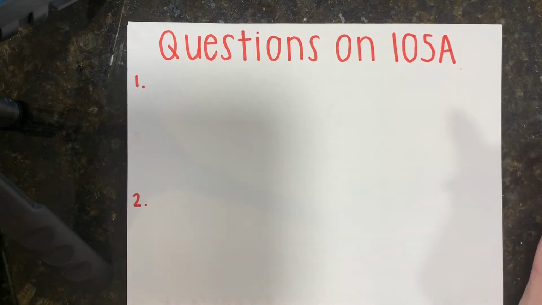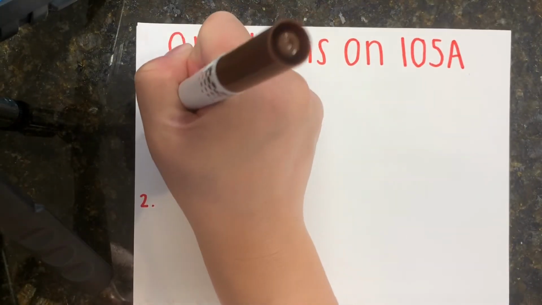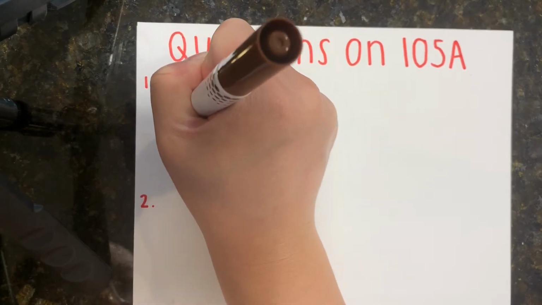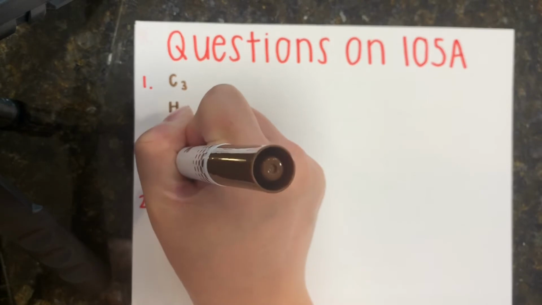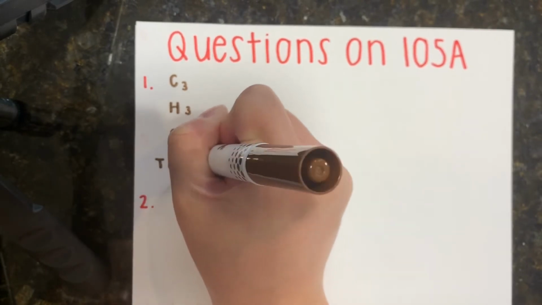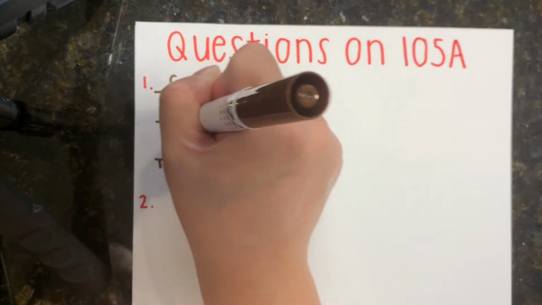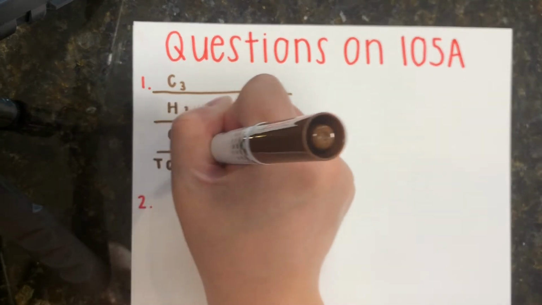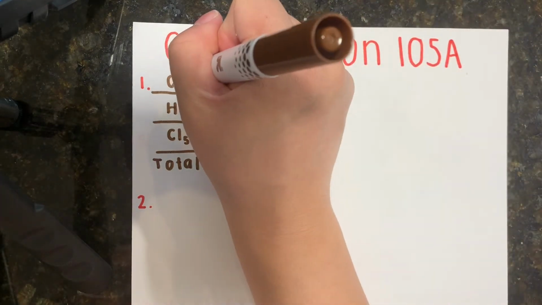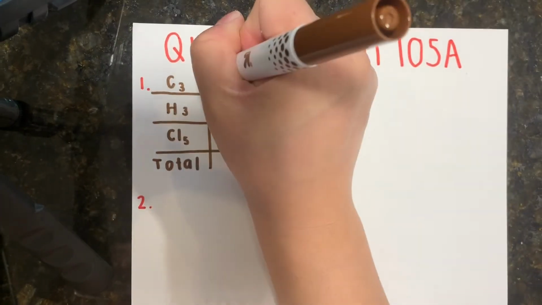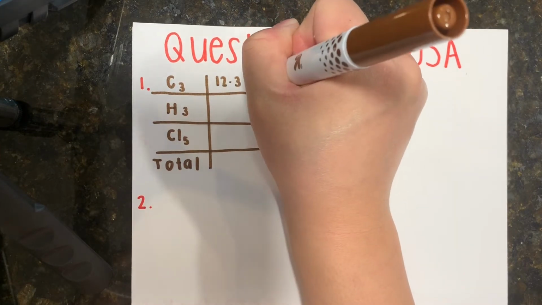So I have C3H3Cl5, and then I would have the total. And then we're going to get the weights of each. So for C, we have 12, so that would be 12 times 3, which is 36.